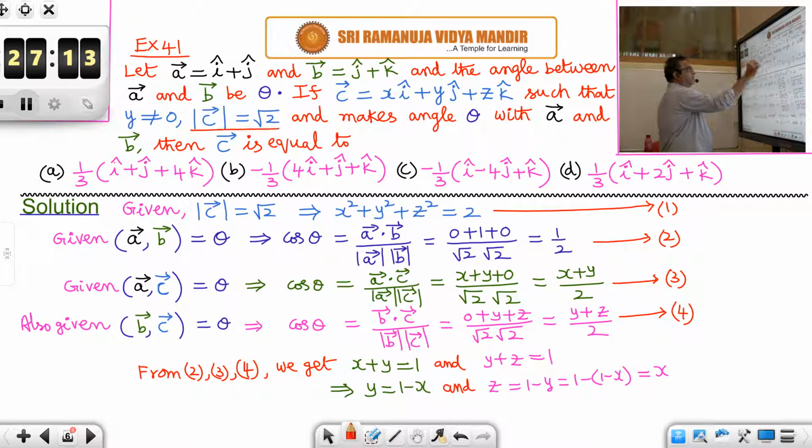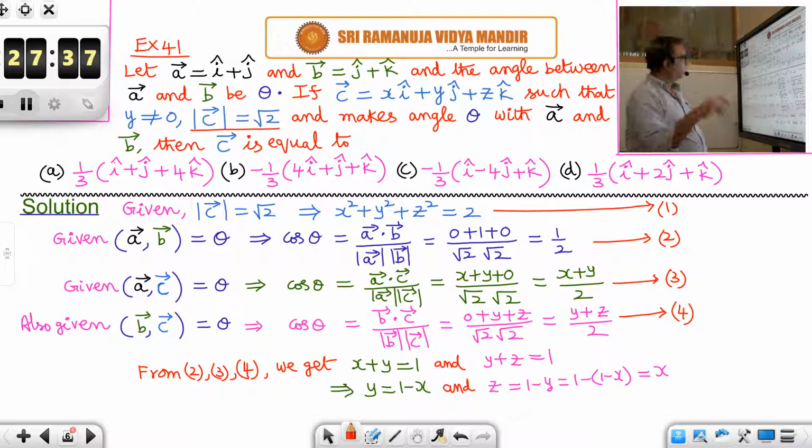It is given that mod c bar is equal to root 2. Actually, a bar is i plus j means mod a is equal to root 2 only. b bar is equal to j plus k means mod b is also root 2. He wants a vector c bar whose magnitude is equal to mod a bar and mod b bar also.